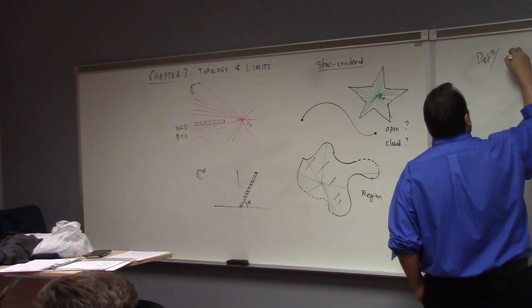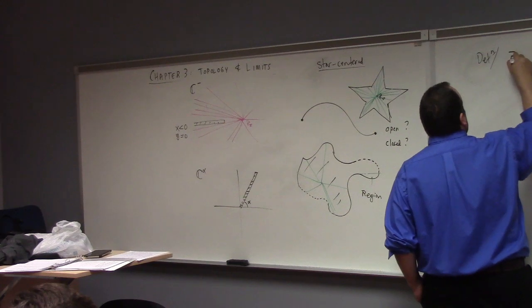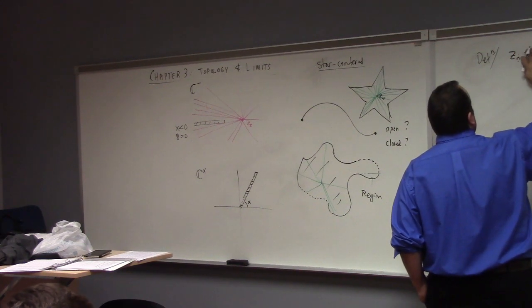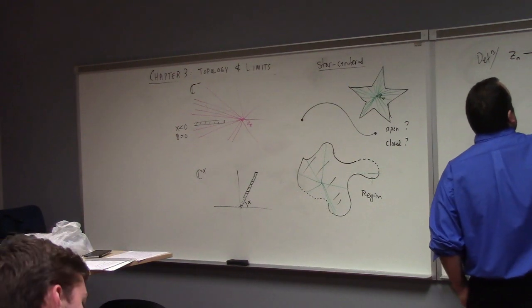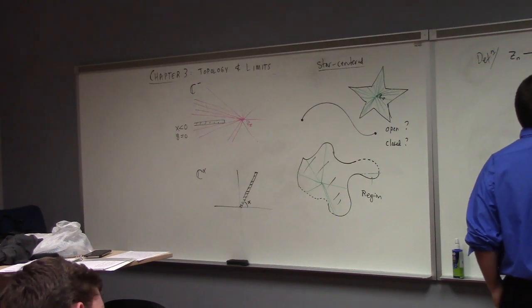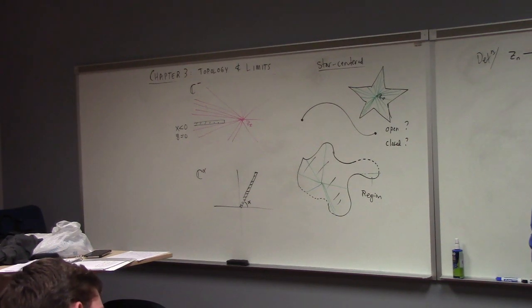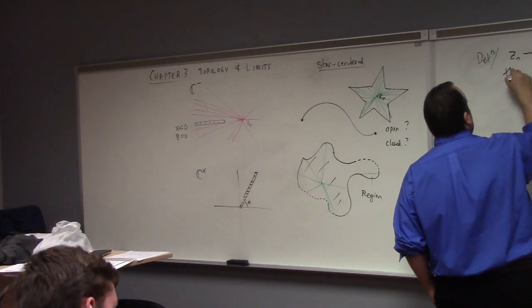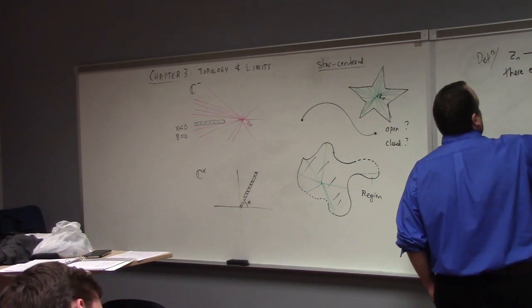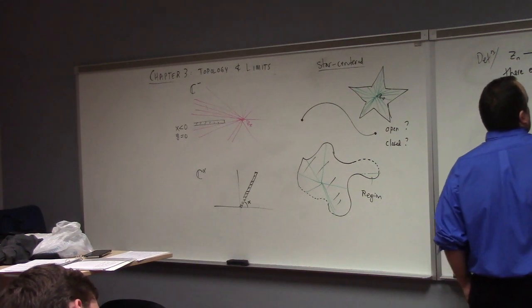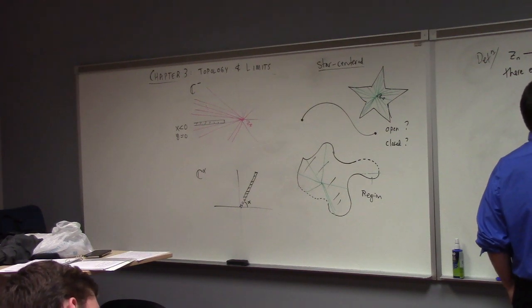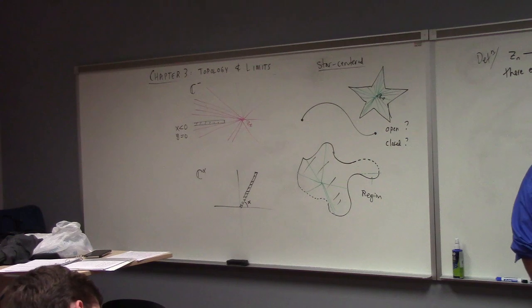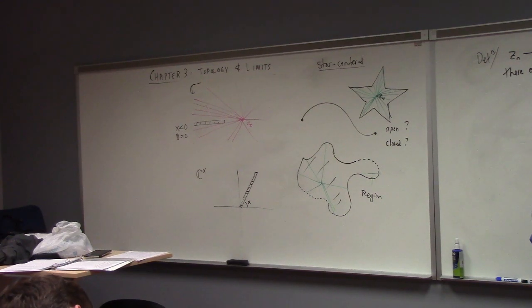So first of all, we say Zn goes to, let's say, Z as n goes to infinity if for each epsilon greater than 0, there exists big N in the natural numbers such that little n greater than or equal to big N implies that the modulus of Zn minus Z is less than epsilon.